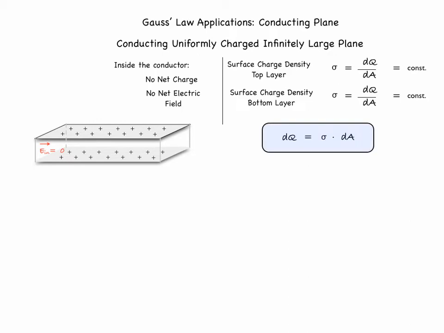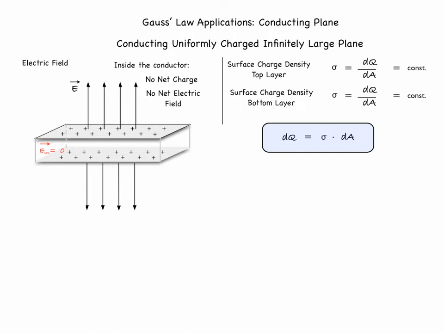Again, at any time, if we want to know how much charge resides on an element with a given area, we'll just have to multiply sigma and that area dA, and that will give us the charge.